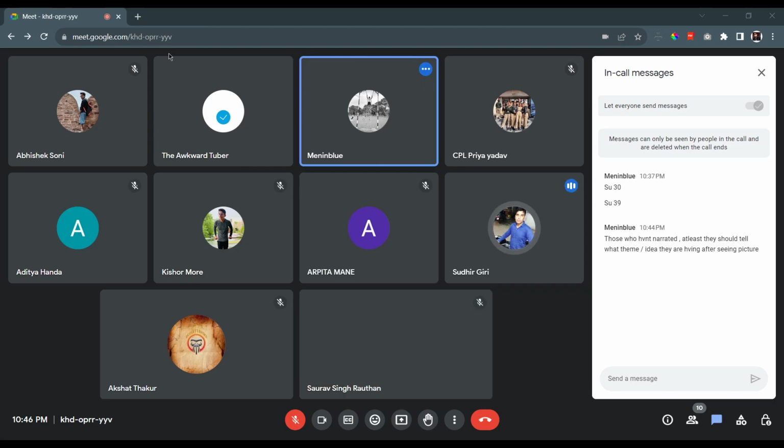How to narrate? How to see the picture? He's telling that everyone should give at least a theme about what they have seen in the picture. And those who have not narrated should at least give the theme or any idea about the picture.